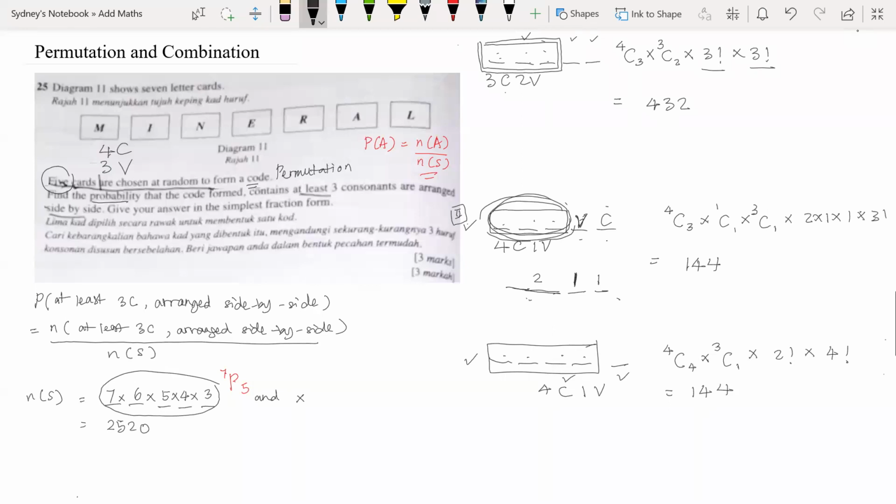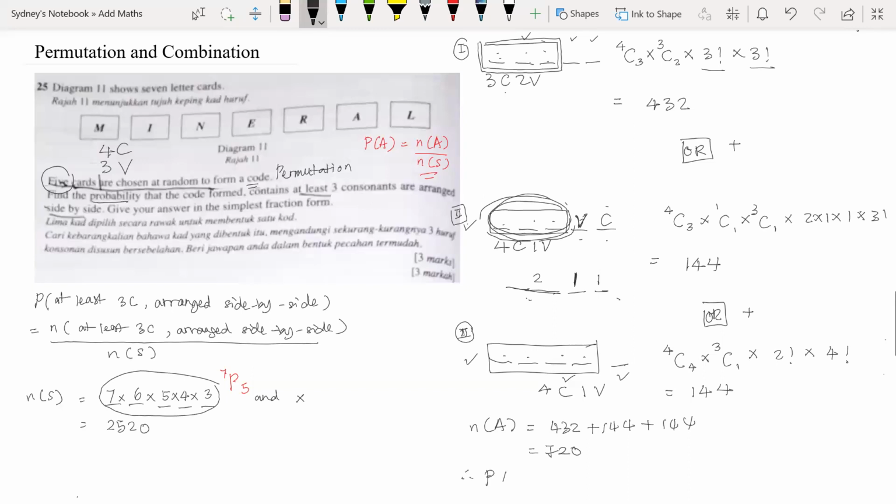Notice that the first case scenario, second case scenario, and third case scenario don't happen at the same time. It's either the first case happens, or the second case happens, or the third case happens. Or means plus. So the total number of ways for event A to happen will be 432 plus 144 plus another 144, so we have 720.